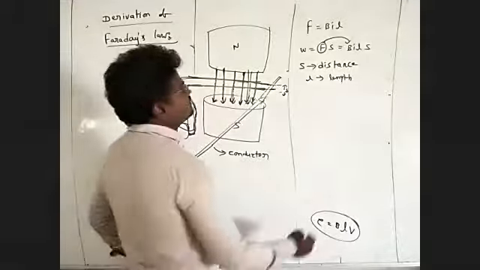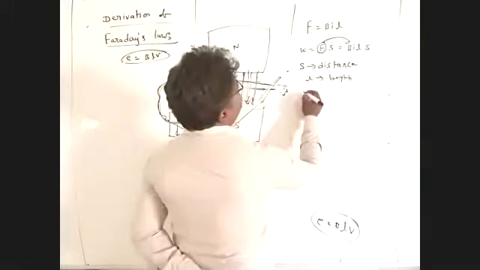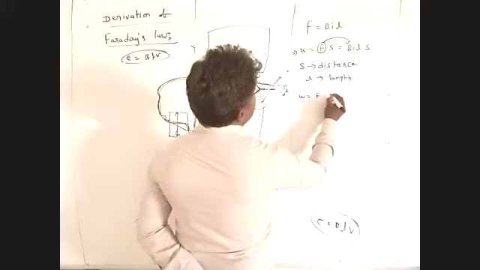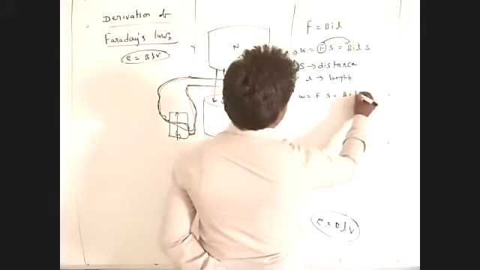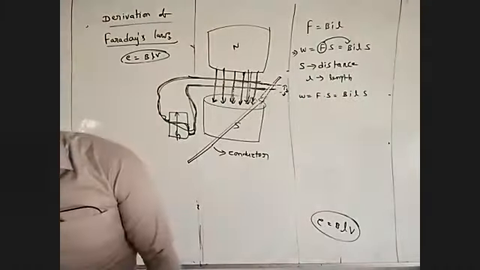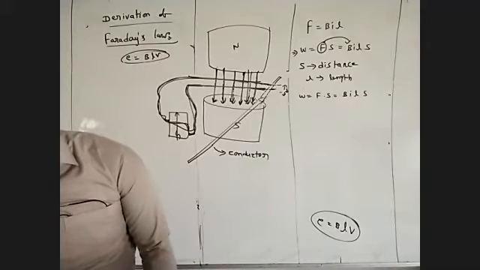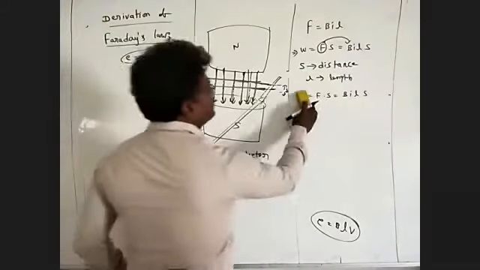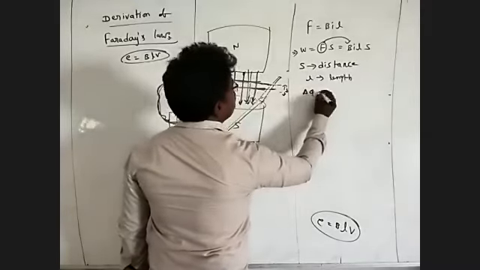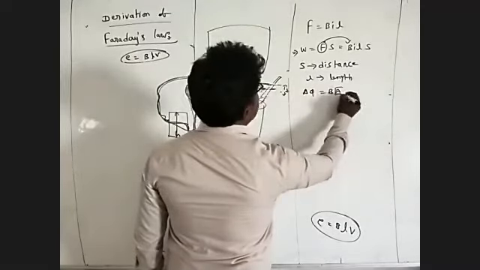Now we will see what will happen. W is equal to force into displacement, equal to BILS. In this situation, change in flux is equal to BA, where A means area.